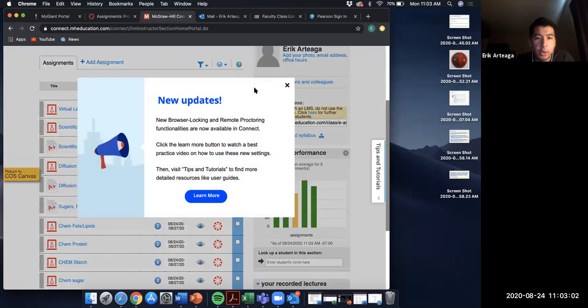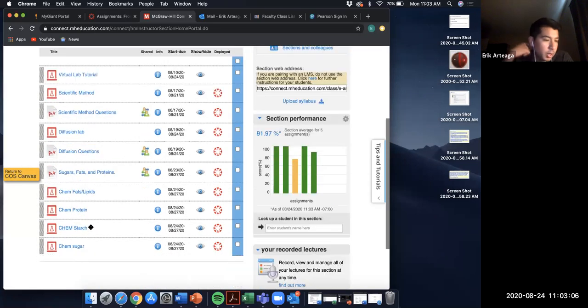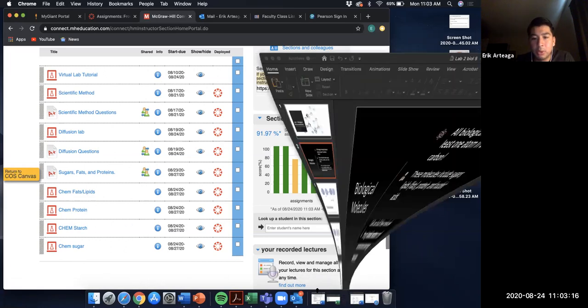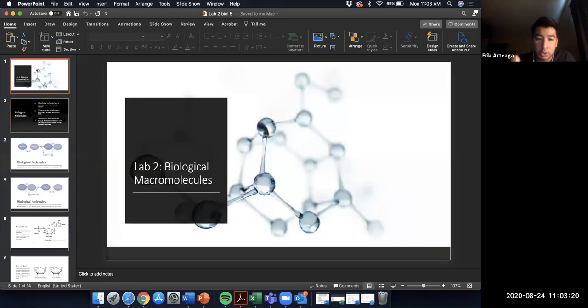But for this assignment, you're going to run through the labs. Let me know if you have any issues, and then you should have a few questions to answer, right? Essentially, these labs are going to be going through identifying different biological molecules. This is a typical lab that I would run for my students if we were in class.